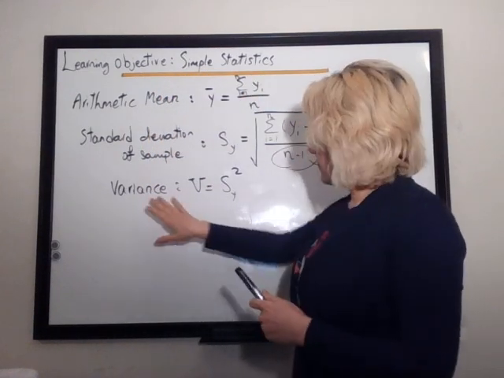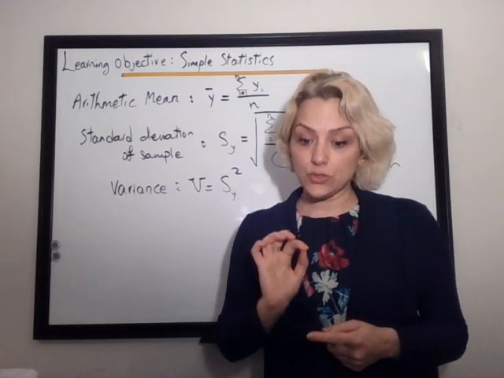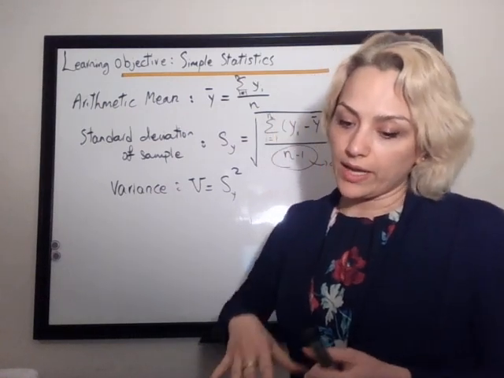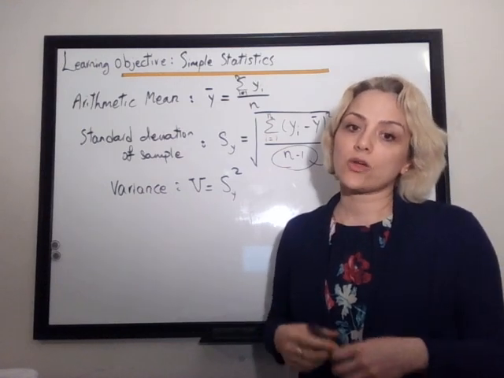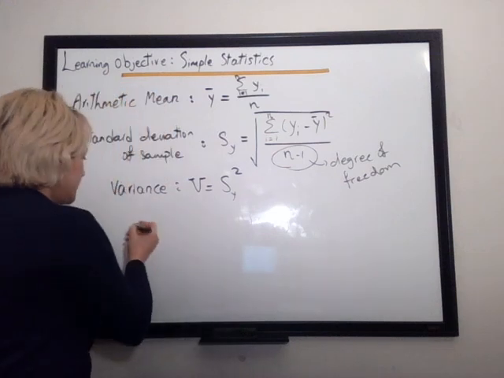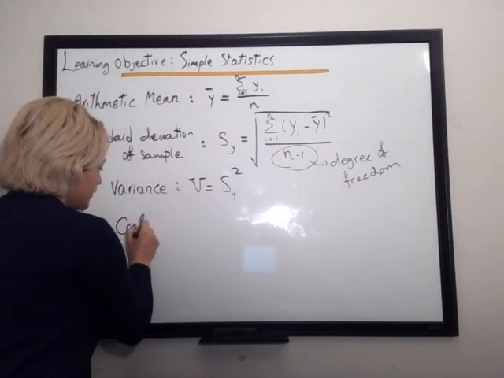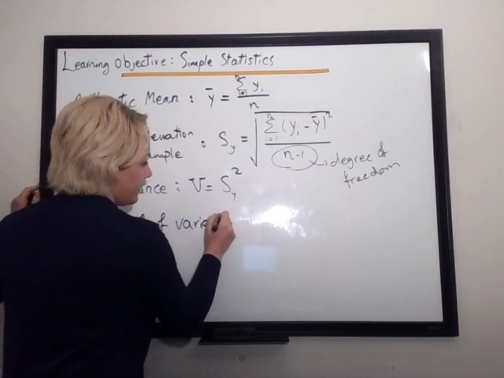So that's the variance. There is one more term that we use when we want to quantify the spread of data, and that's the coefficient of variation. I'm going to write it down here: coefficient of variation.